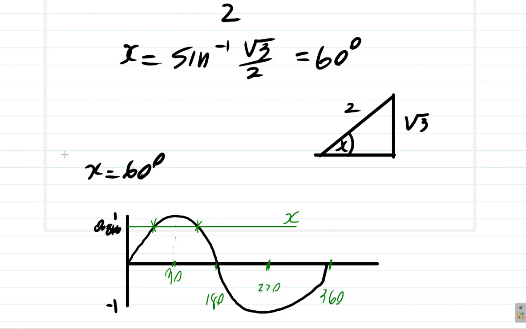You have all those angles. So the first angle that we got was 60 degrees, which means our 60 is here. The second angle would be this. Whatever it is, we need to find it out. Which angle is that?